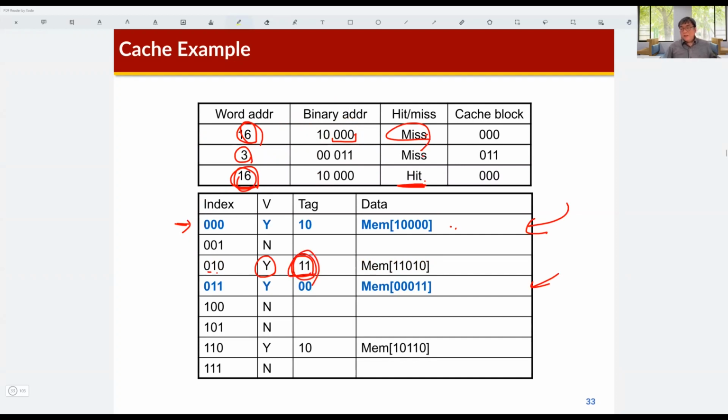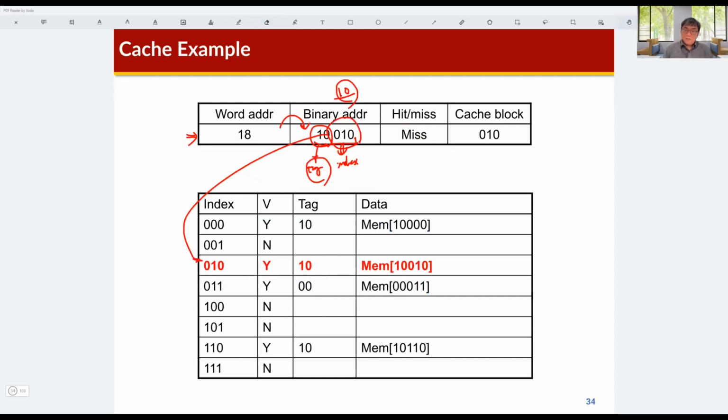So that means this target cache block has valid data, but this stored data is different from the requested data. Understand? Because the tag is different.